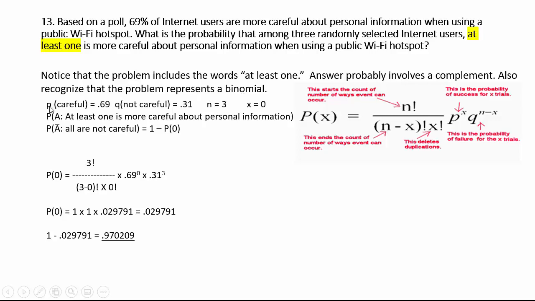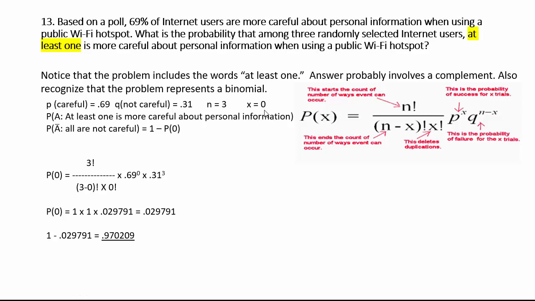Okay, so we got P, which is probability of being careful, it's 0.69, right? That's 69% up there. Q, which is 1 minus 0.69, would be 0.31. Okay, N is 3, so there's that 3 right in here. Okay, and then we're going to choose X as 0.